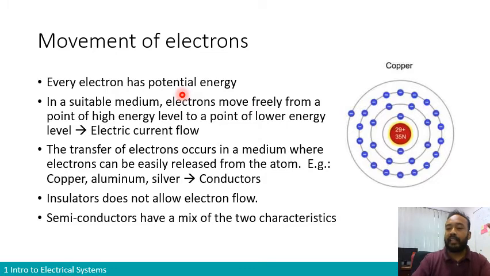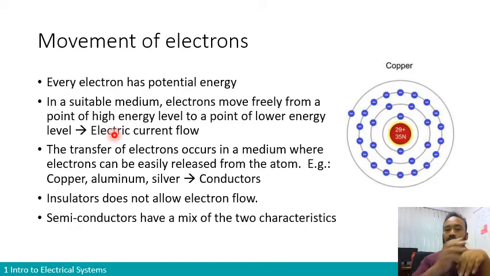Imagine it's like in mechanics, where you have potential energy if you climb to a certain height, mgh, and you have kinetic energy when it moves. It is the same thing. Every electron has potential energy, and if it is in a suitable medium, the electrons can move freely from one point to another.